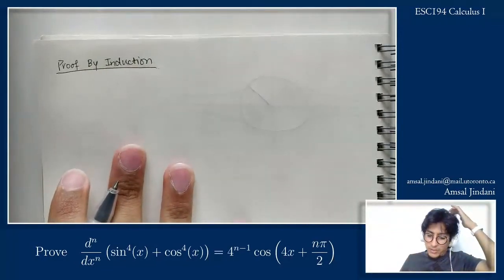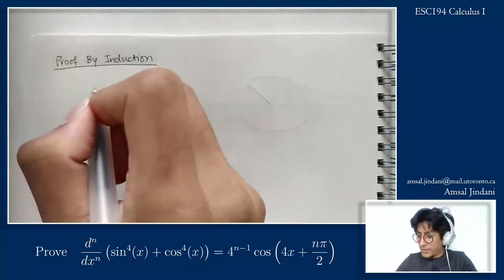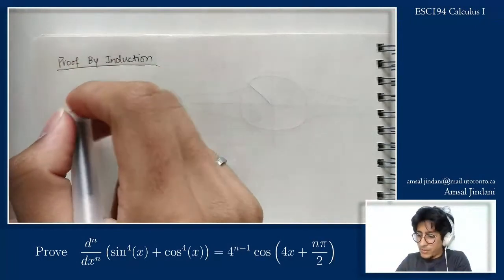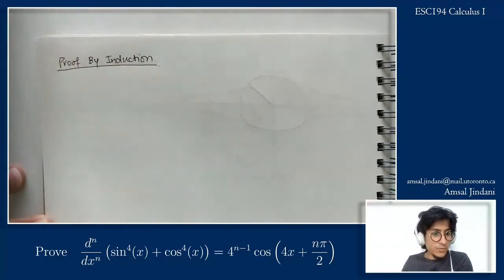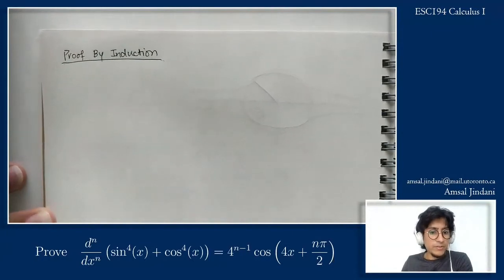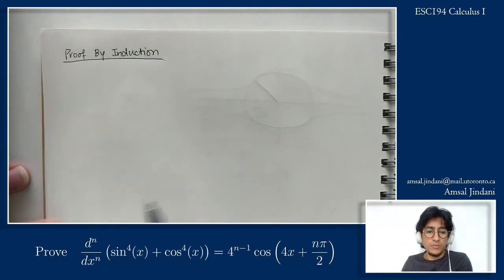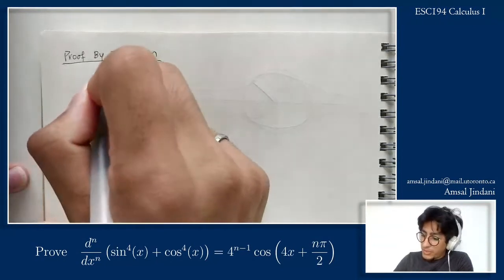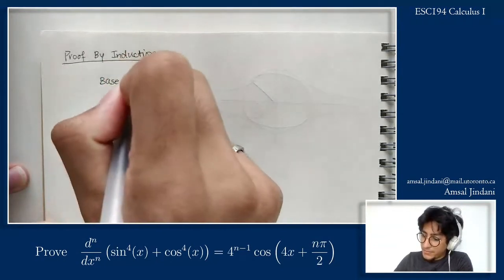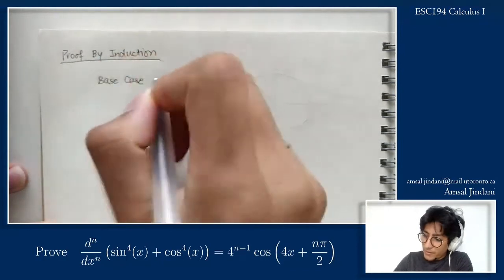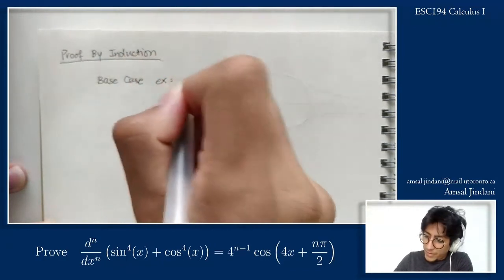So the way that a proof by induction works is, let's say for example, you have a statement that you're trying to prove. Like here, we're trying to prove that the nth derivative of this function is equal to whatever here. So what we'll do is first we'll solve for a base case, for example, for n equals 1.